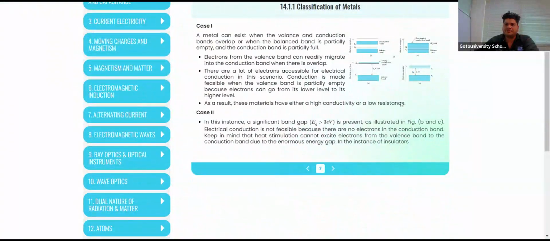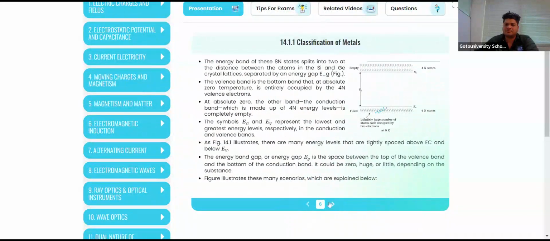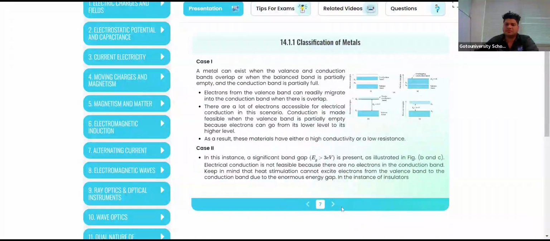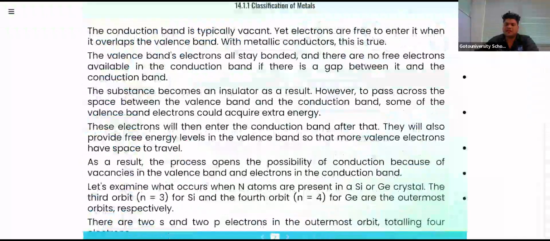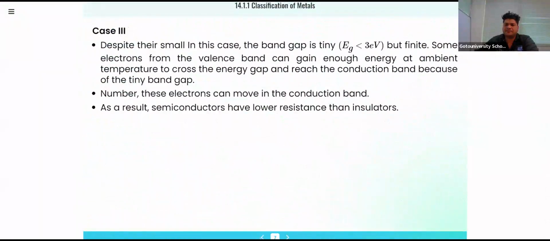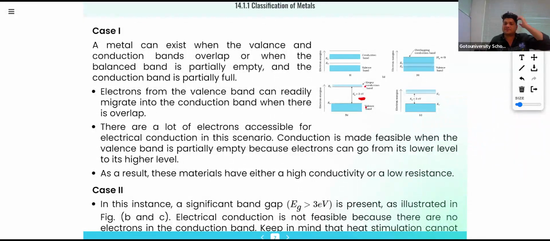See, I explained the conductor part. In this, if you see, the energy gap between the valence band and the conduction band is greater than 3 electron volt.